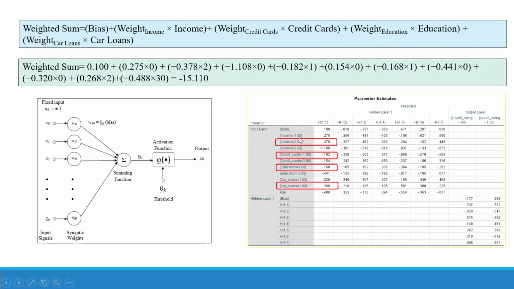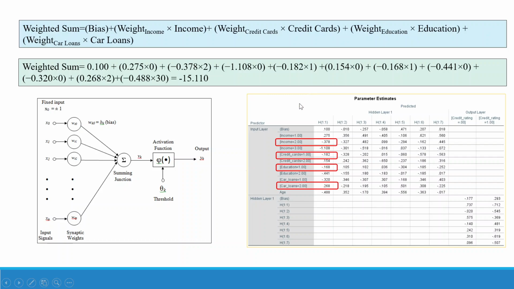So for income 1, the customer is not present, and therefore we will take 0. So 0.275 into 0 plus 0.378 into 1, because the customer is in this category of income, plus minus 1.108 into 0 because the customer is not present here. This is not his income. His income is 2.